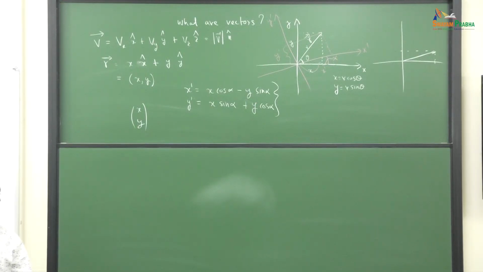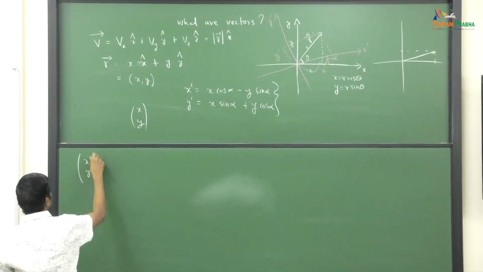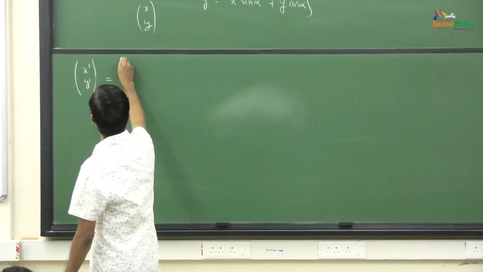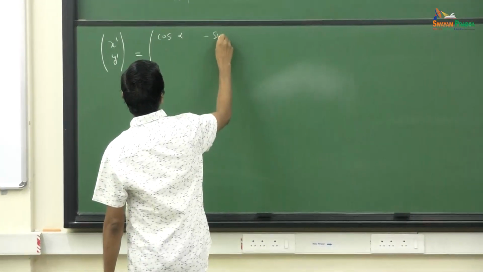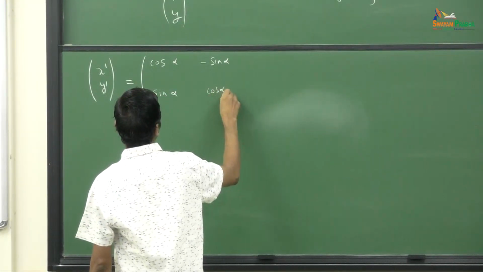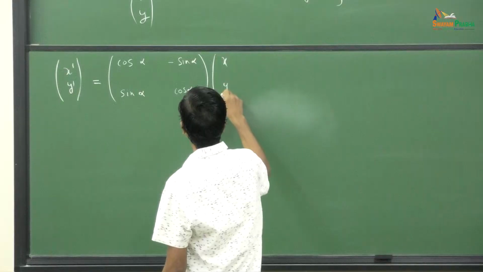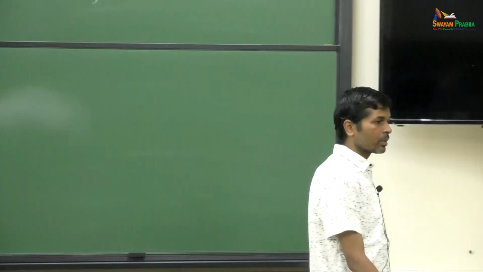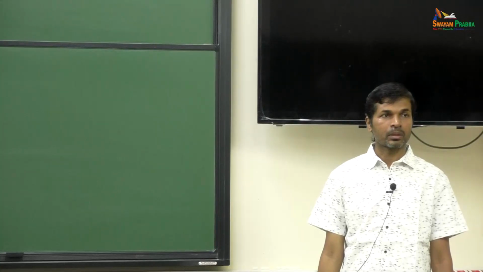So if I do that, then x prime, y prime are related to x and y by this: cos alpha, minus sin alpha; sin alpha, cos alpha; times x, y. So this is how the components of the position vector are related among each other. Okay.